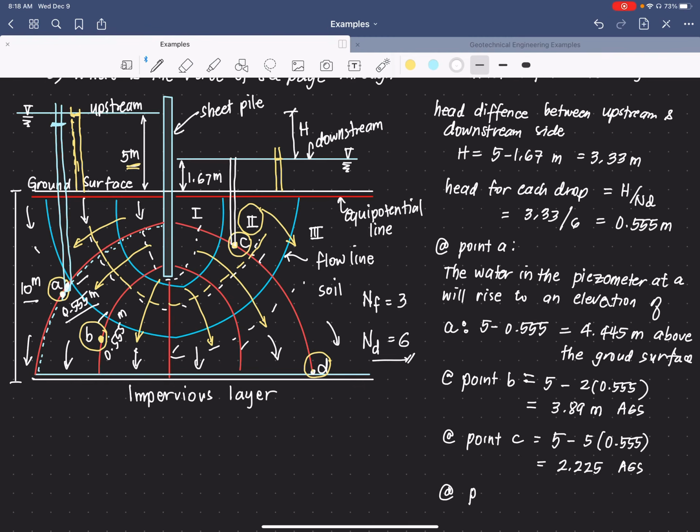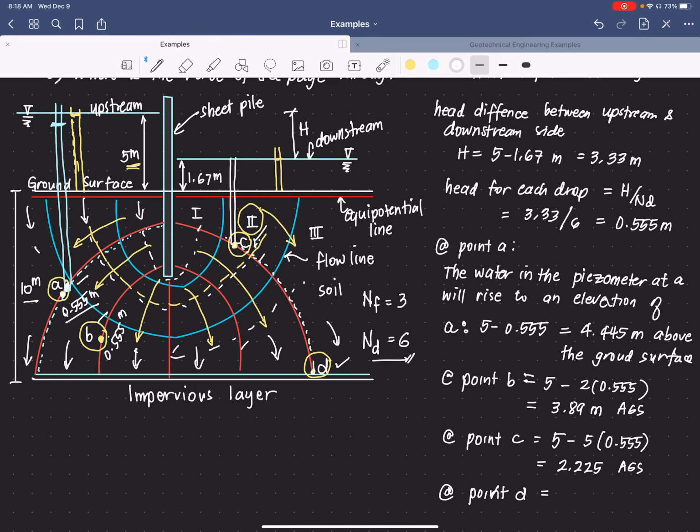Then at point D, notice that point C and point D are along this equipotential line, this red one.